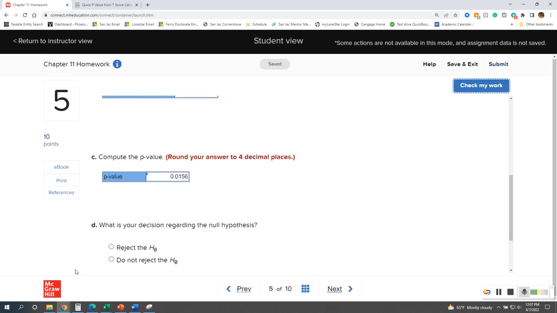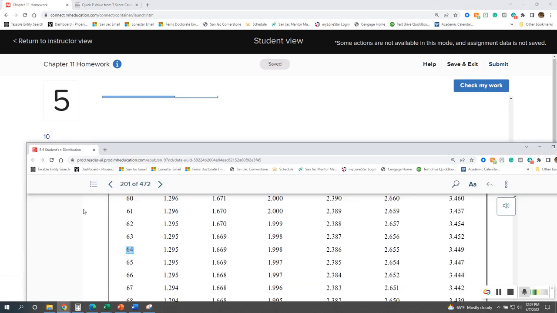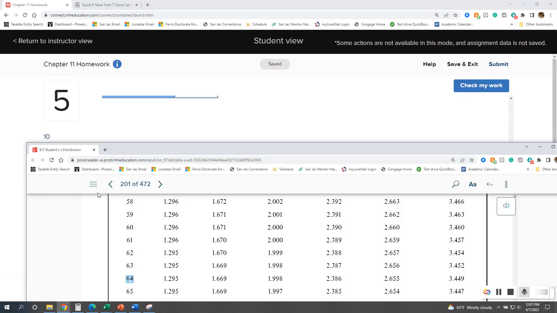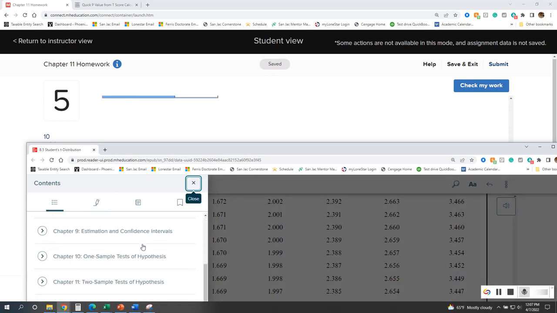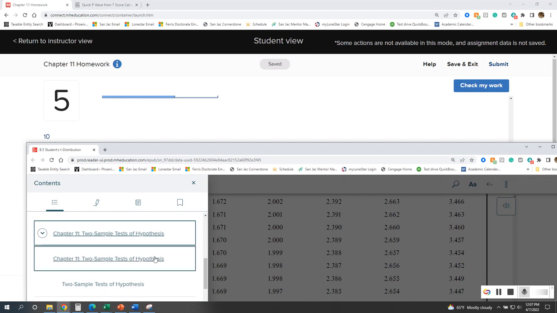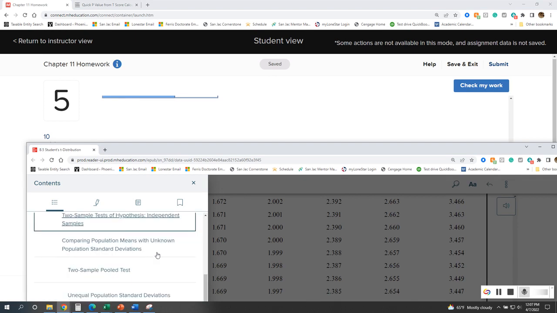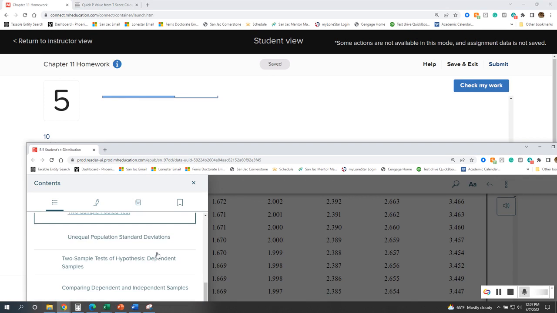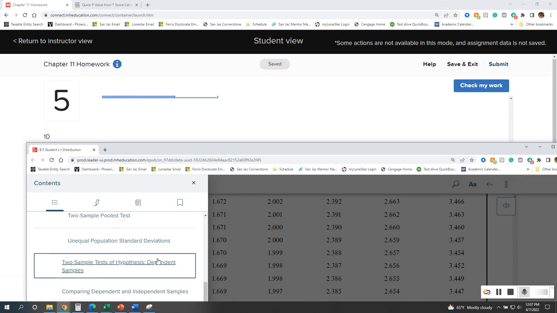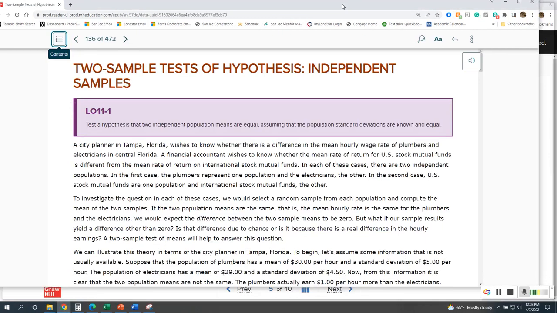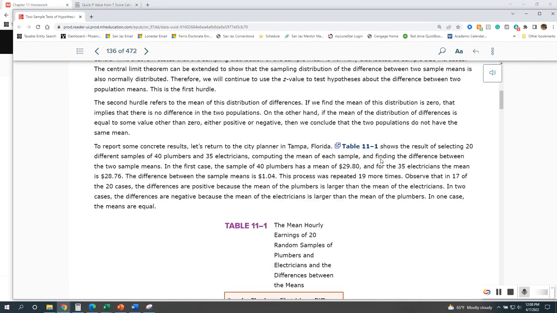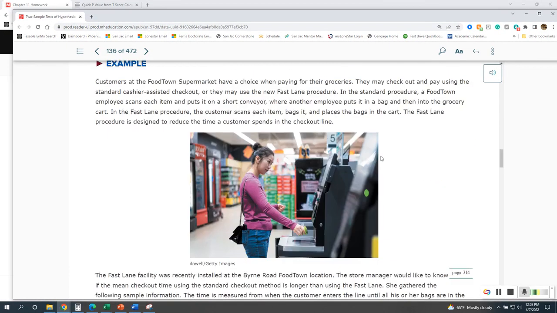my question is, does the book actually show step by step? Let's go look real quick. I know this is the homework, but I want to make sure.